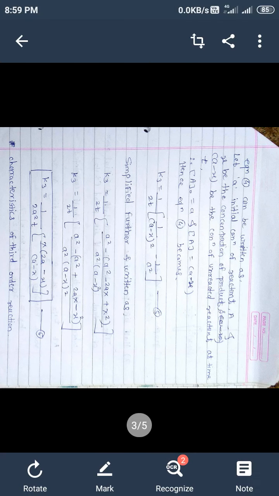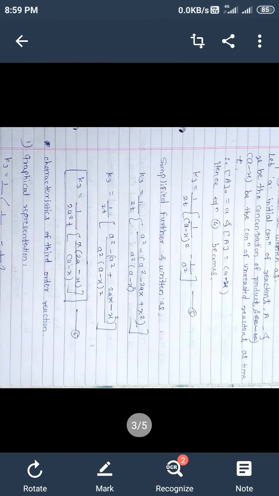A0 means initial concentration at time 0 and A is a minus x, that means remaining concentration. Hence equation 4 becomes K3 is equal to 1 upon 2t into 1 upon (a minus x) squared minus 1 upon a squared. Equation number 5.